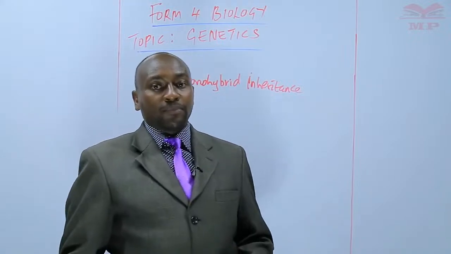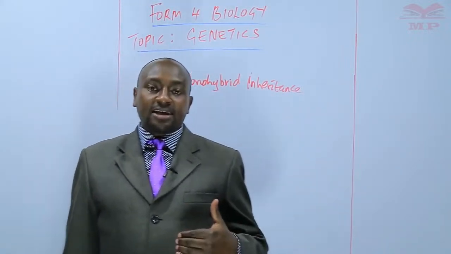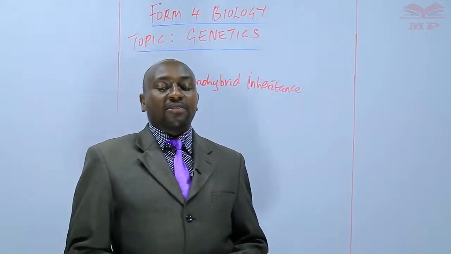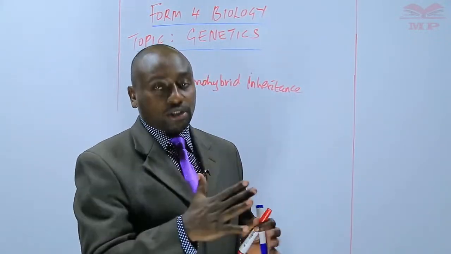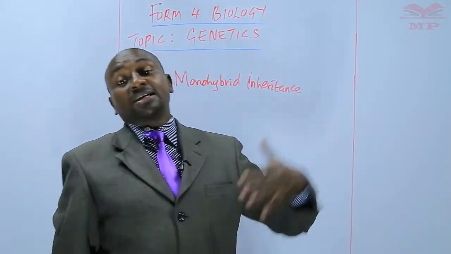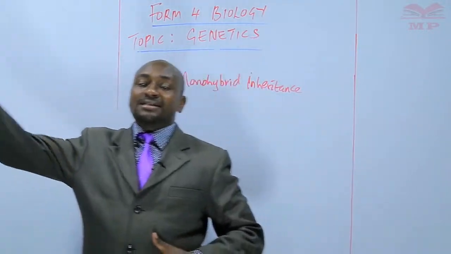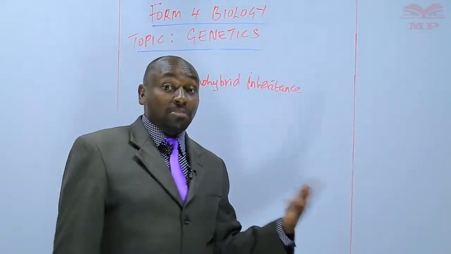For example, if you're looking at how a trait such as tallness is inherited, then you should just narrow down to tallness and not relate that with another trait, maybe such as the skin color or such as sex or such as another trait as may be.